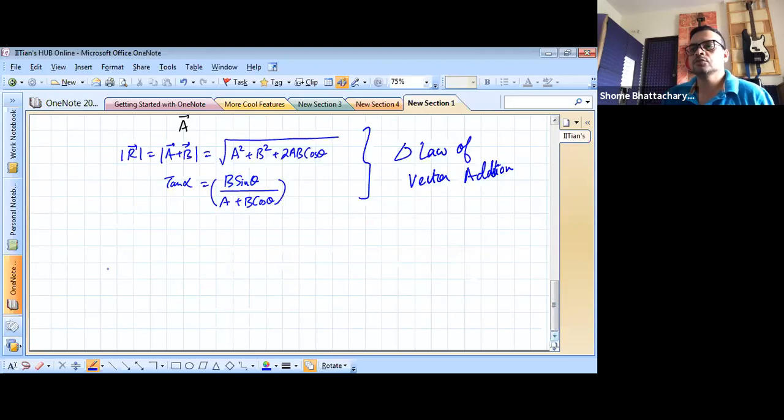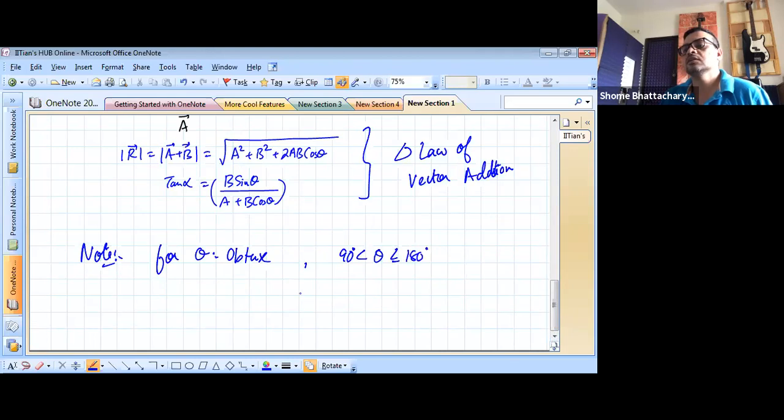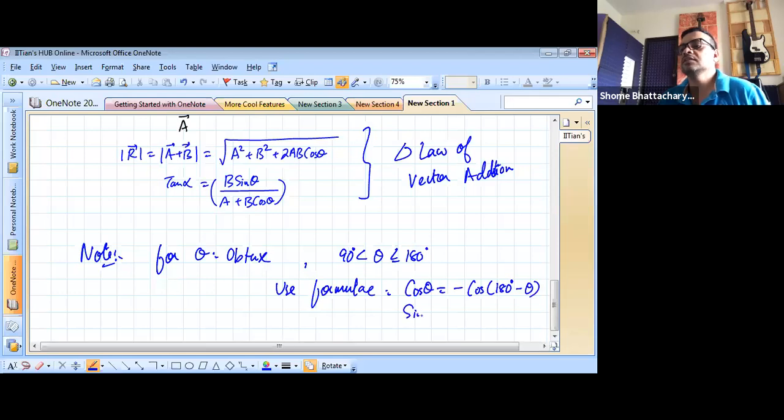So we also saw that for theta being an obtuse angle, that is greater than 90 and less than or equal to 180 degrees, we use the formulae that cos theta is minus cos of (180 degrees minus theta), and sin theta is positive sin of (180 degrees minus theta).